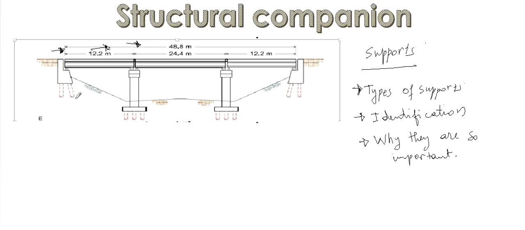If you have to do a structural analysis of this bridge, you will not be drawing it like this, in the software or in your hand calculation. You have to represent it in a very simple way. The simplest way of representing this bridge would be to identify the deck.